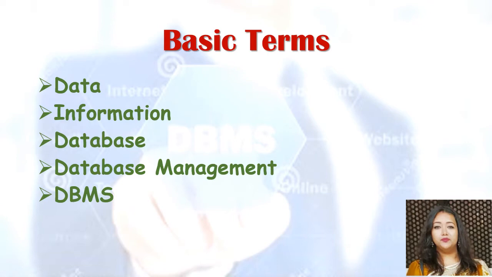And finally, DBMS is a collection of interrelated data and a set of programs to access those data. The primary goal of a DBMS is to provide a way to store and retrieve database information that is both convenient and efficient.